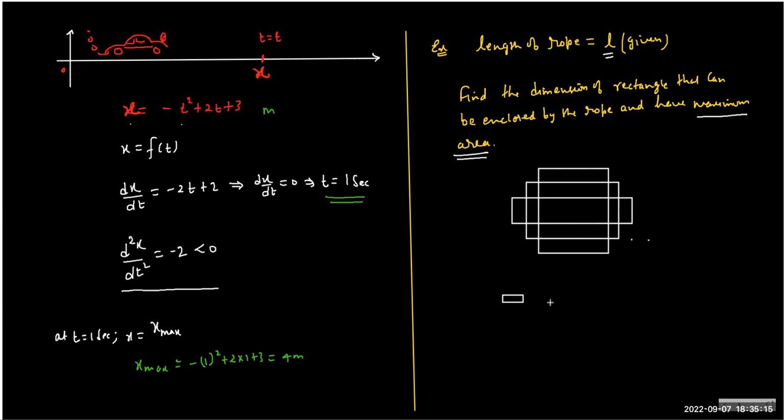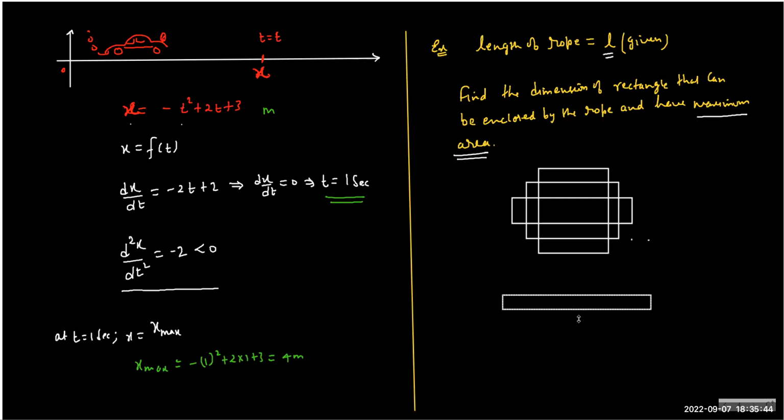Let's say if I draw an L length like this, what is the area enclosed? Almost nothing, isn't it? It's just L length: L by 2 this way, L by 2 this way. How much area are we enclosing? 0.